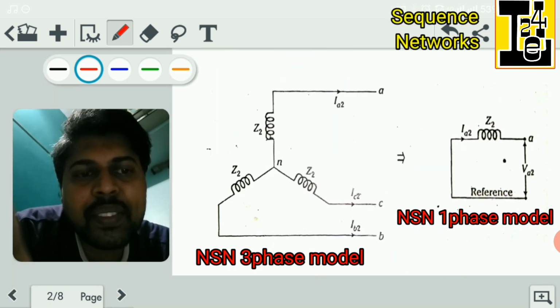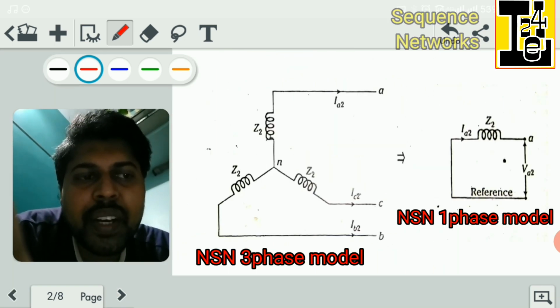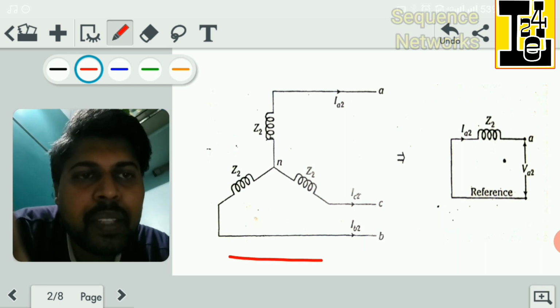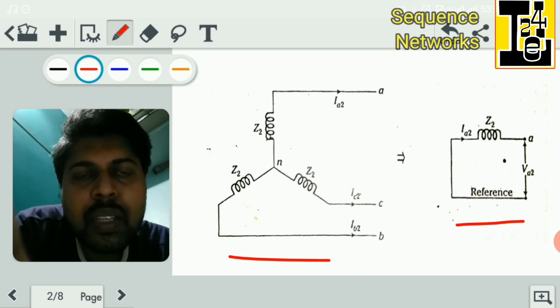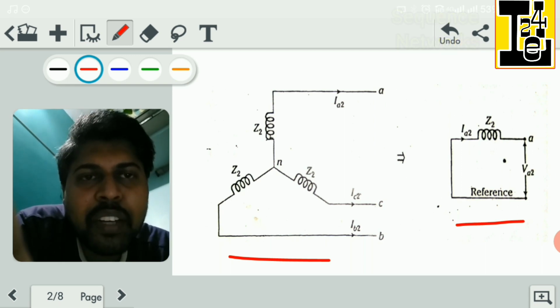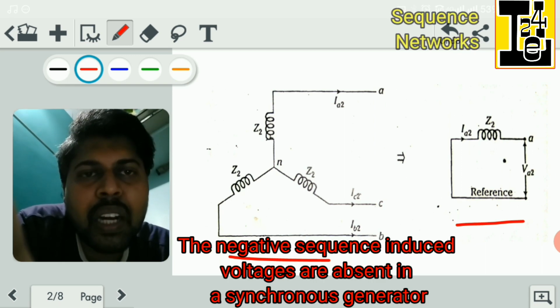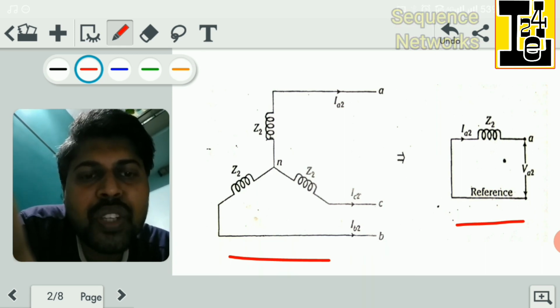The negative sequence network models of a synchronous generator on a three-phase basis as well as on a single-phase basis are shown in these figures. The negative sequence induced voltages are not present in the equivalent circuits as they are not generated in the synchronous machine.